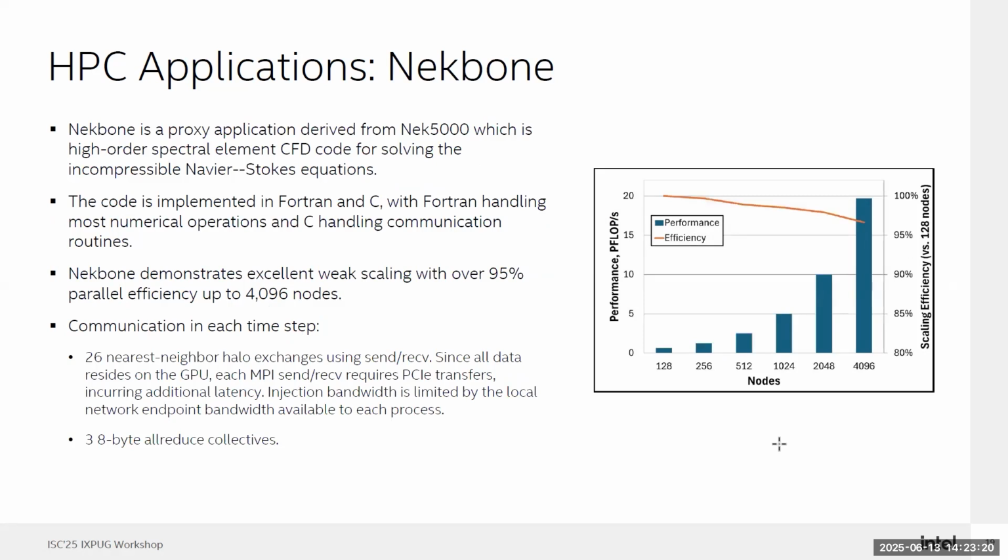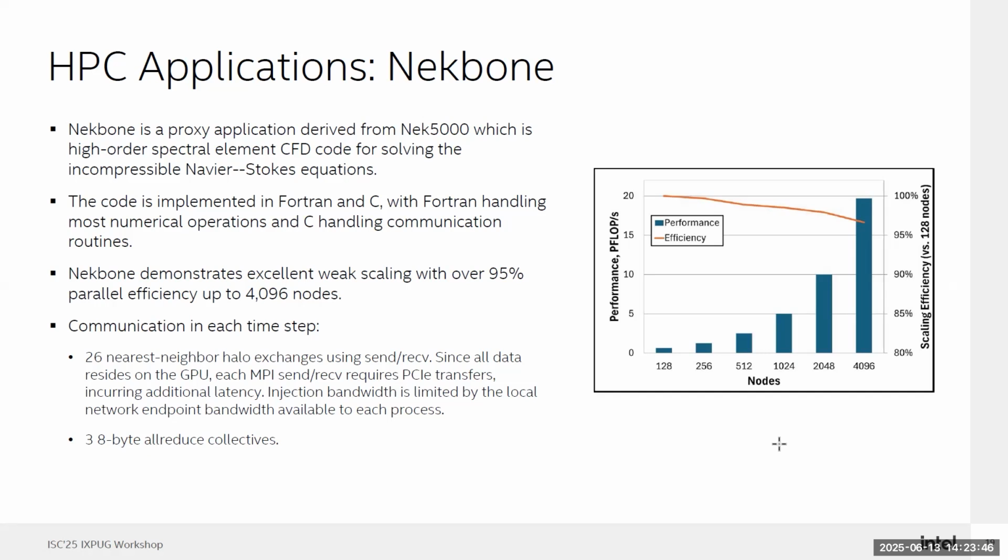So Nekbone is another workload, based on the NEK5000 application. It has a lot of compute, and this is an application where it can offload to the GPU for most of the execution time. So it's very efficient, and communication is infrequent.